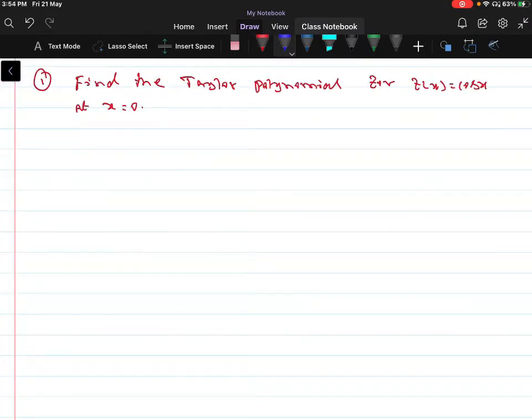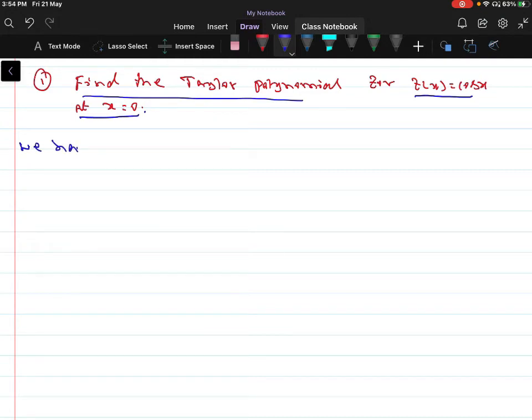Find the Taylor polynomial for the function f of x equal to cos x at x equal to 0. So we can directly use the Maclaurin series generated by the function f at x equal to 0.